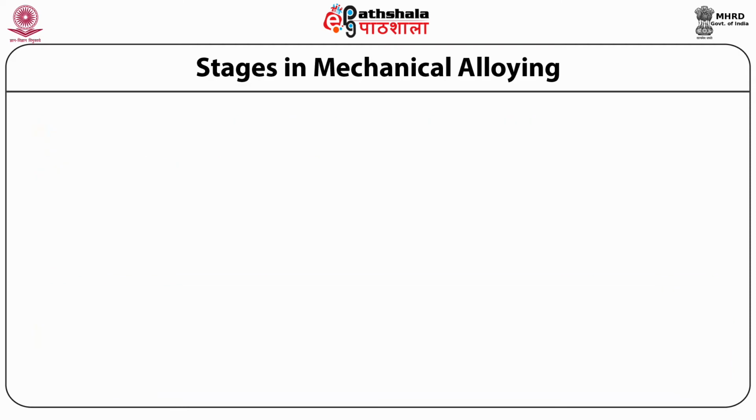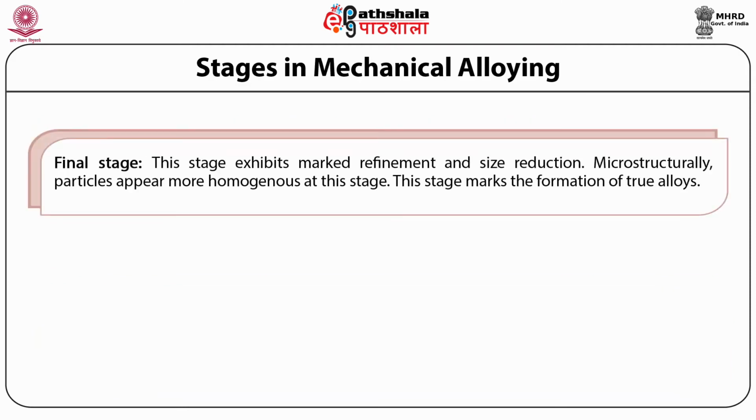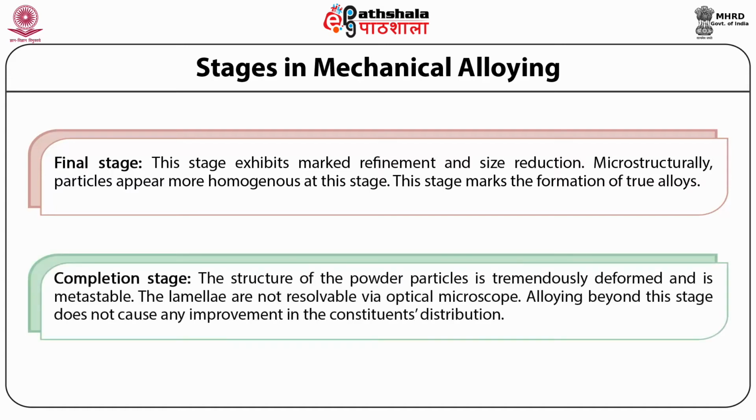The third one is the final stage. This stage exhibits marked refinement and size reduction. Microstructurally, particles appear more homogeneous at this stage. This stage marks the formation of true alloys. The final stage is the completion stage.